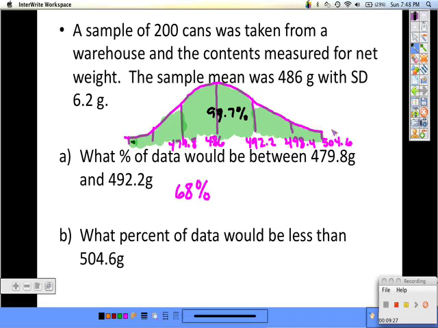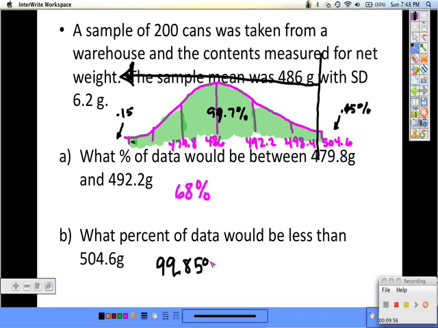That leaves 0.3% to be split between the tails out here. This would be 0.15% in each tail of this bell curve. So we want everything from 504 and less. So that would be 99.85% total.